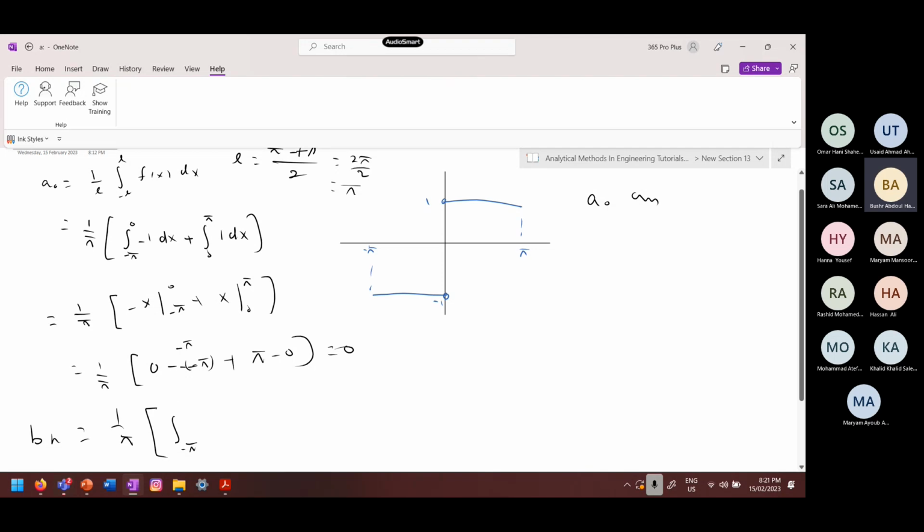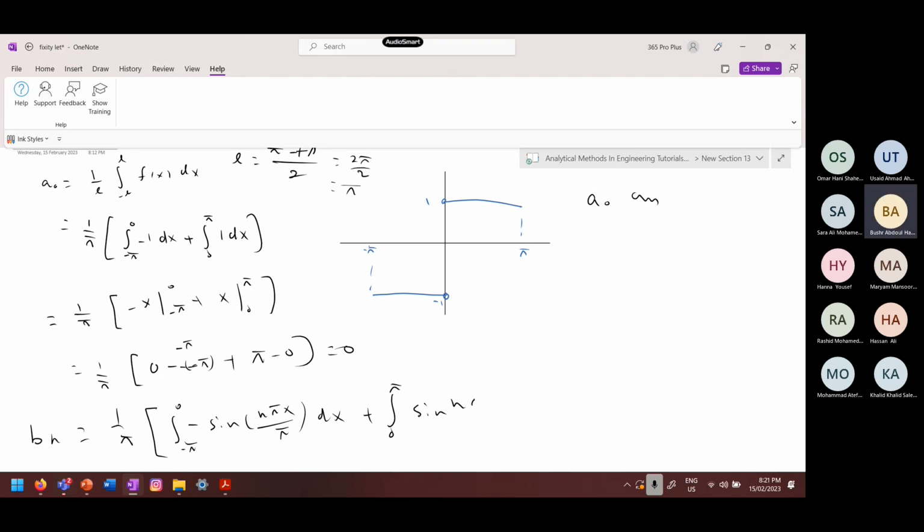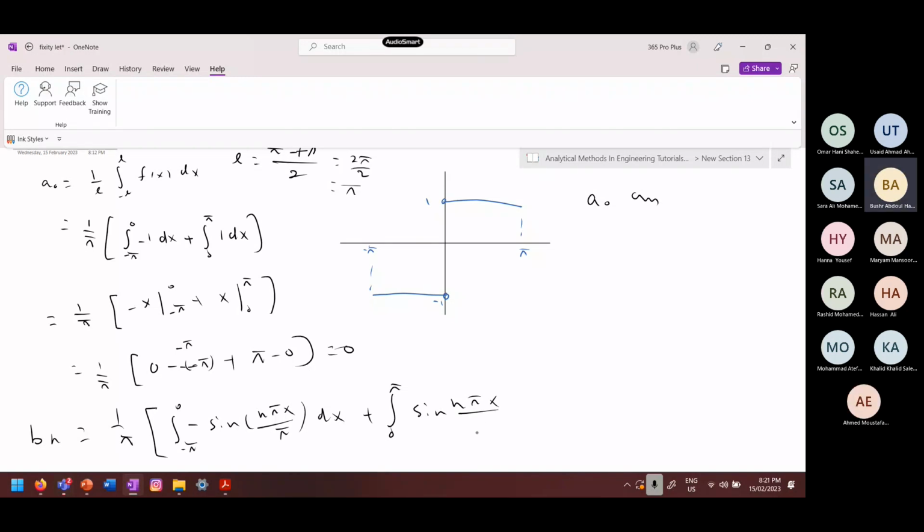Integration from negative pi to 0 of negative sine n pi x over pi dx, plus the integral from 0 to pi of sine n pi x over pi dx.